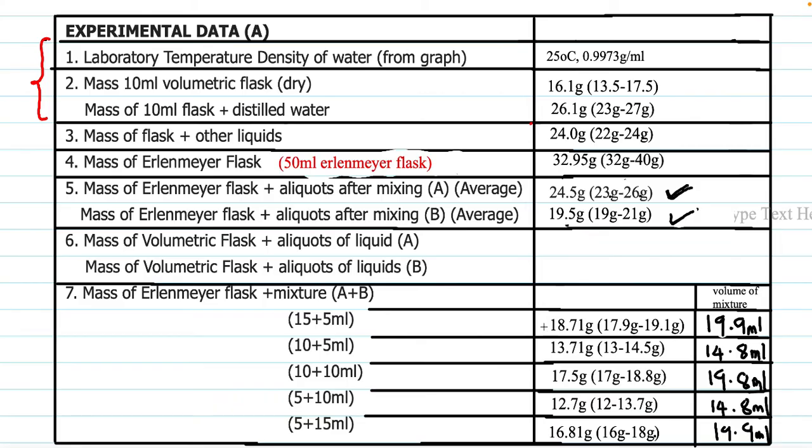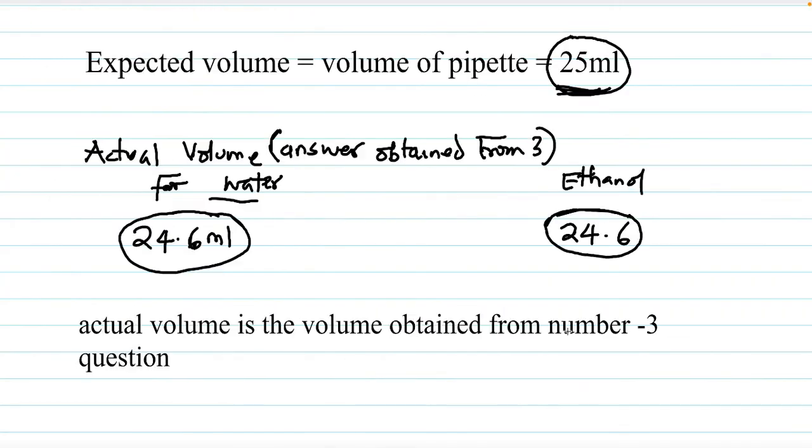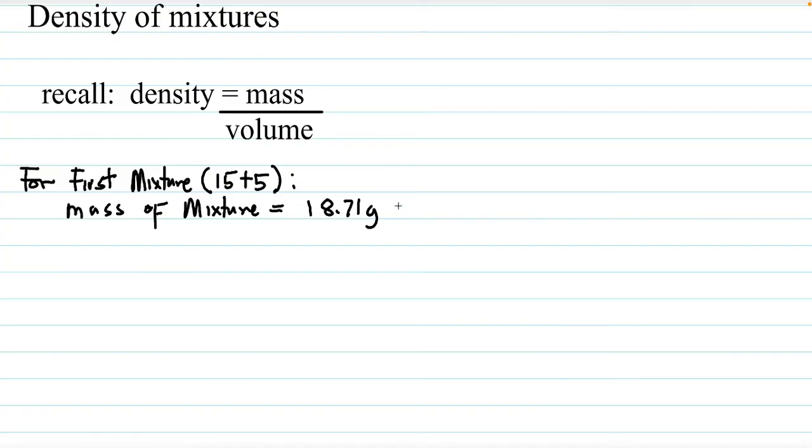That's the mass of the mixture. Now the volume of the mixture is equal to 19.9 mil.